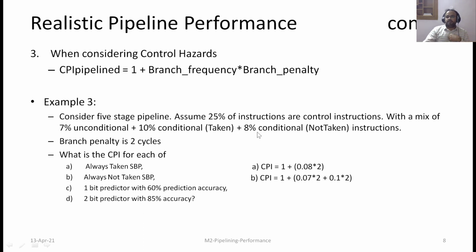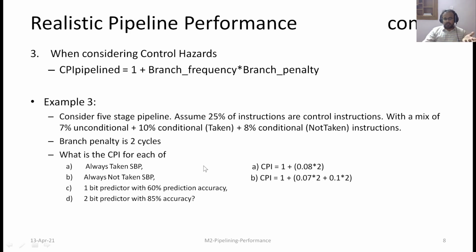Only the 8% of branches which are not taken will be correctly predicted by this predictor. Accordingly, the CPI is 1 plus 0.07 times 2, which accounts for the 7% of unconditional branches, and 0.1 times 2, which accounts for the 10% of conditional branches which are taken.